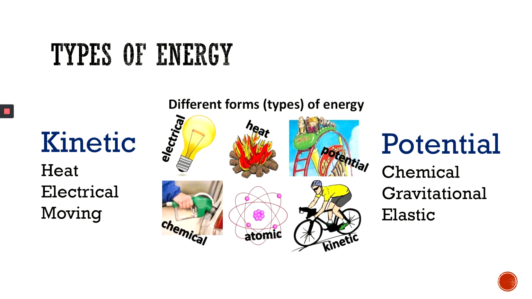So chemical potential energy is the energy stored in food or fuel. Gravitational potential energy is the energy gained as you go up above the ground, and we're going to focus more on that in the next lesson. And we have elastic potential energy, which is the energy stored in, like, an elastic band when you stretch it.